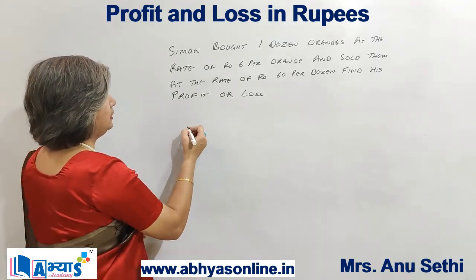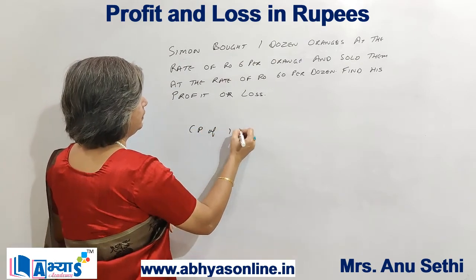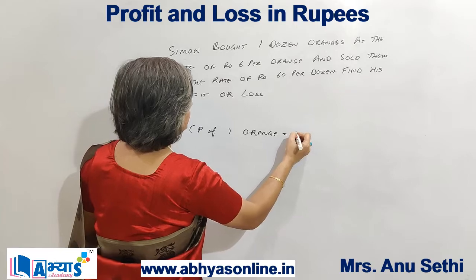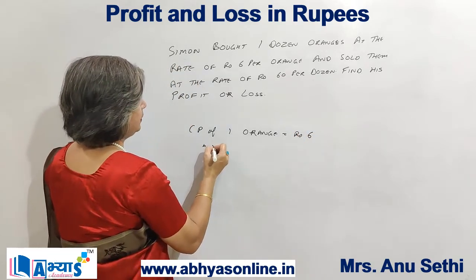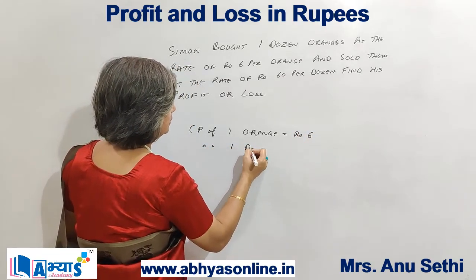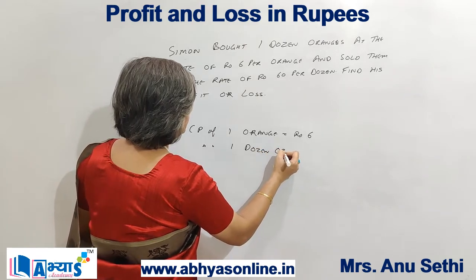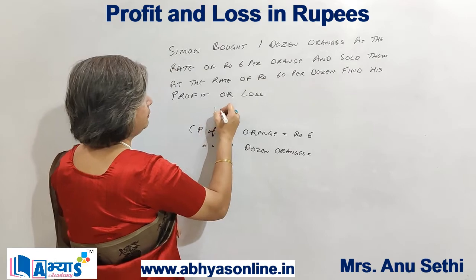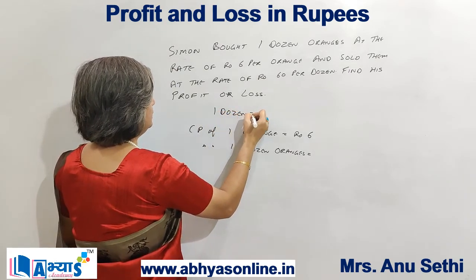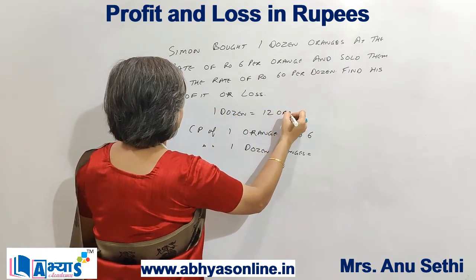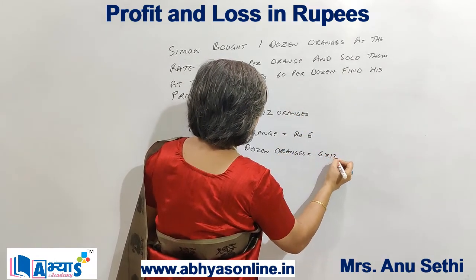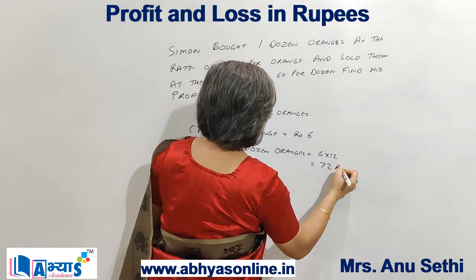We can say that the cost price of 1 orange is 6 rupees. The cost price of 1 dozen oranges will be, I know that 1 dozen is equal to 12 oranges, so it will be 6 into 12, that is 72 rupees.